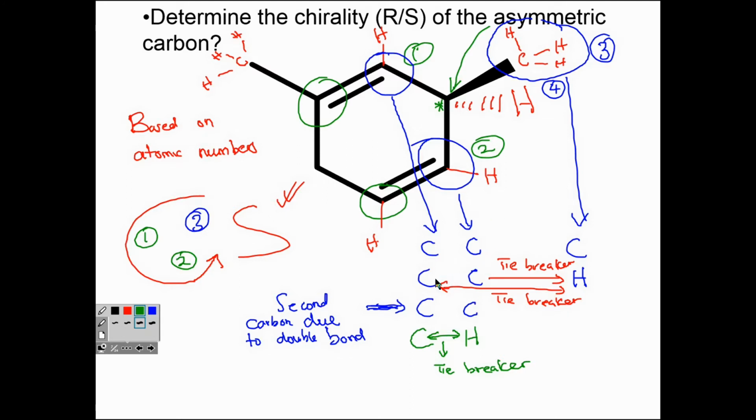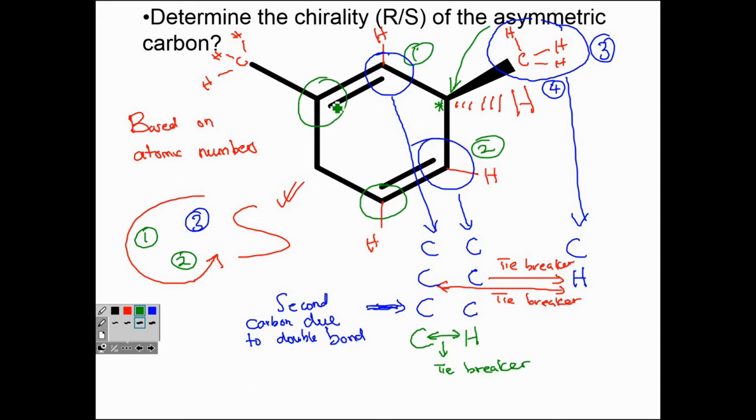Here you can't judge, because the group circled in blue is the same as what's circled in blue on the other. So we have to move one bond over. At this point, circled in green, you have this carbon, which is this one over here, bonded to a hydrogen.